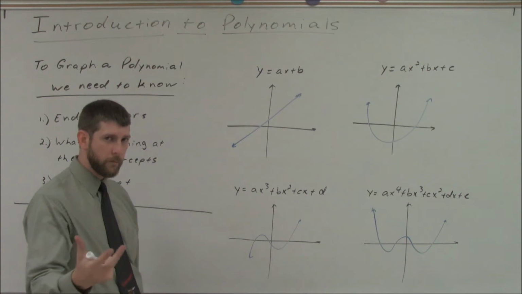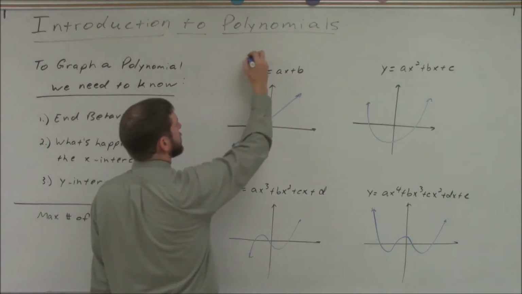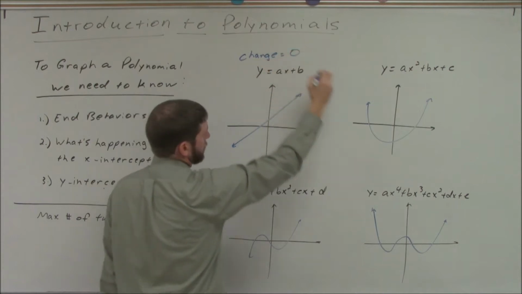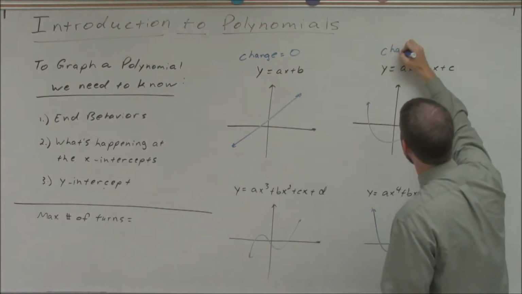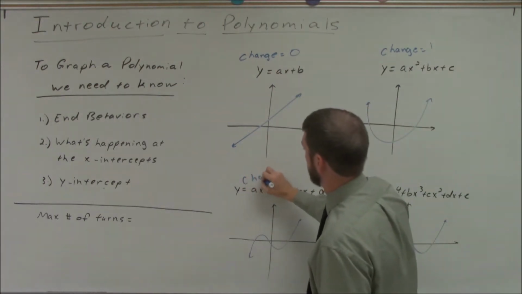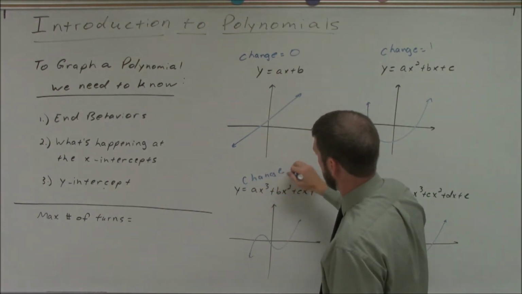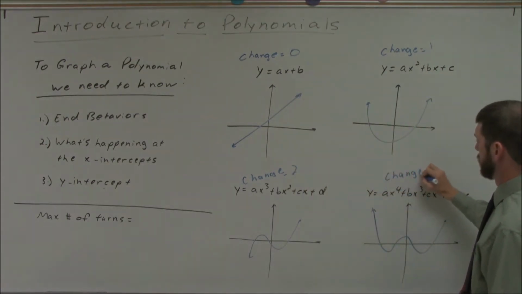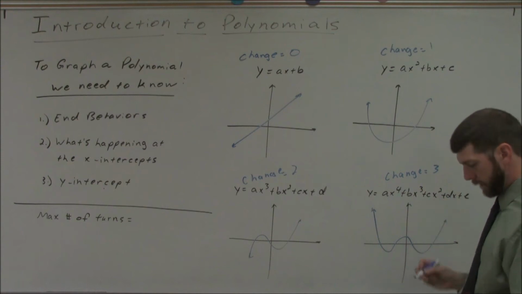So the number of changes in direction for these was 0 times, 1 time, 2 times, and 3 times.